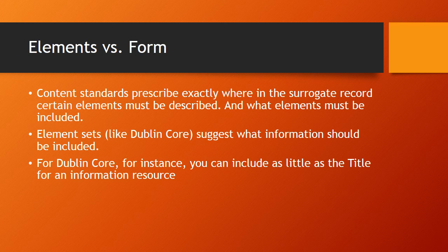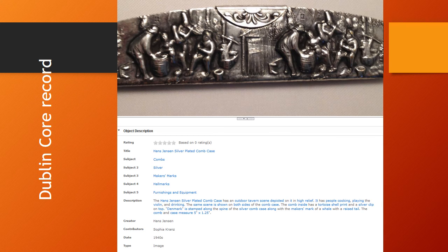For Dublin Core, for instance, you can include as little as the title for an information resource. This is a ContentDM record, that's the system, and its description is based on Dublin Core.